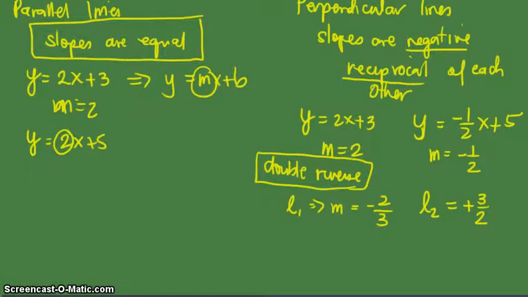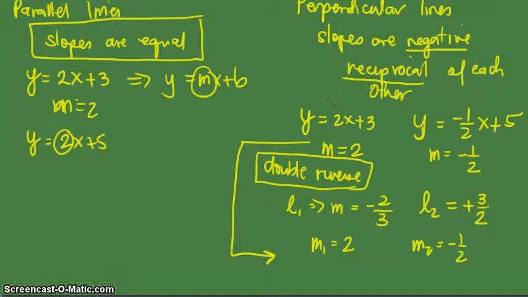In addition, for perpendicular lines, I want you to take a look at what will happen if we multiply the two slopes. So let's call the first slope m1. So let's use this example. So m1 is equal to 2, and let's call this m2, is equal to -1/2.